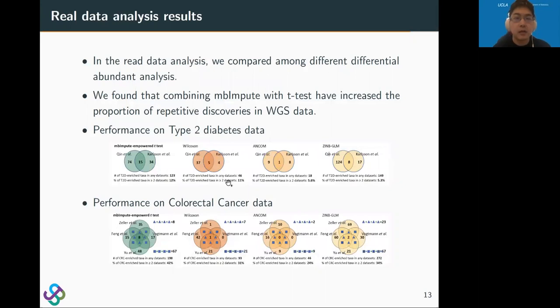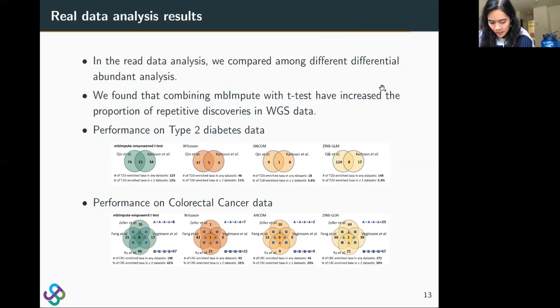No, like, given your data, all the results here are differential abundance tests. For example, if you have control samples and patients with some kind of disease, here with type 2 diabetes, we want to detect all those taxa that have different abundance levels in those two conditions. Oh, okay, got it.